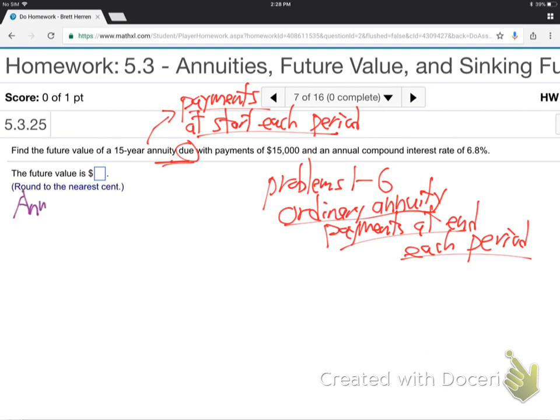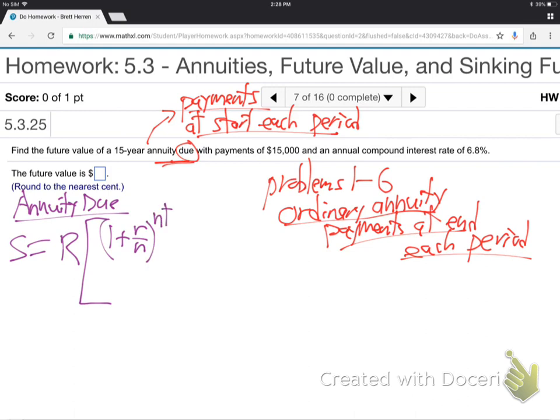The annuity due formula is S equals R, bracket, it looks almost the same: 1 plus R over N, instead of just to the NT, it's NT plus 1. And then this is R over N, and then another minus 1 outside the fraction.